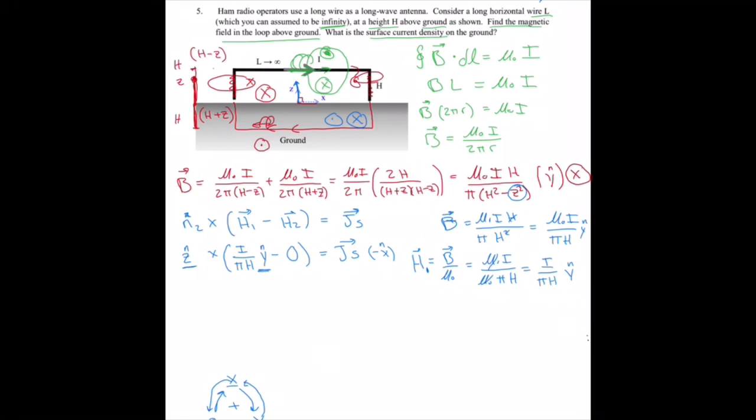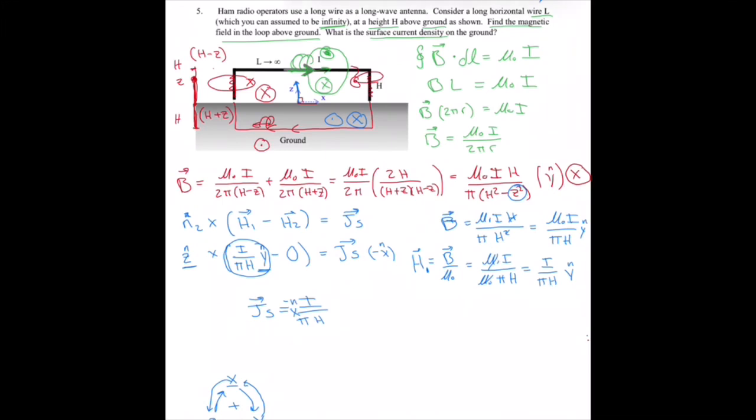Now we're ready to go. We can disregard the cross product. We figured out the direction, so now we can simply multiply, and we think of the z as a 1 multiplied by our y hat number. In this case, it will just be that number. So what we can do is write our surface current will equal I over pi h, and this will be in the negative x hat direction.